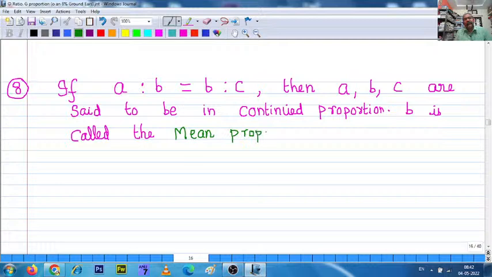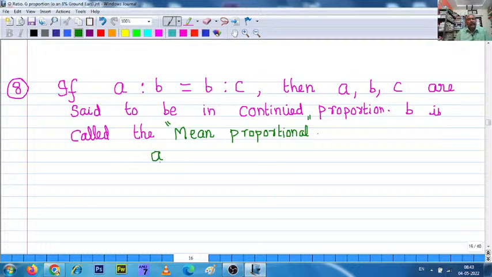Mean proportional, or second proportional also we can say. How to find out the mean proportional now?